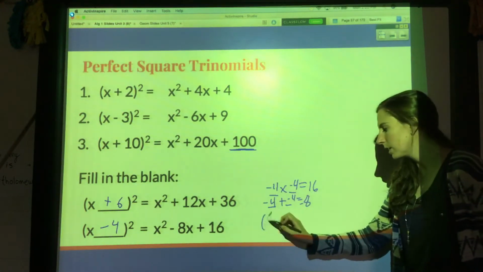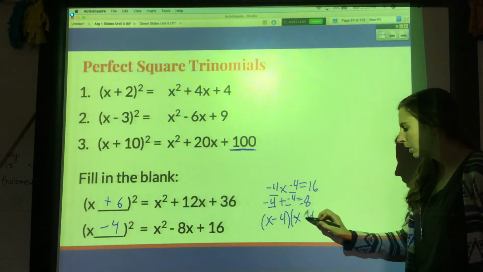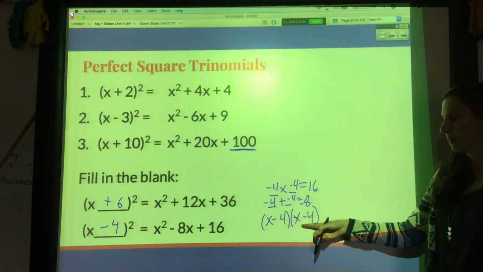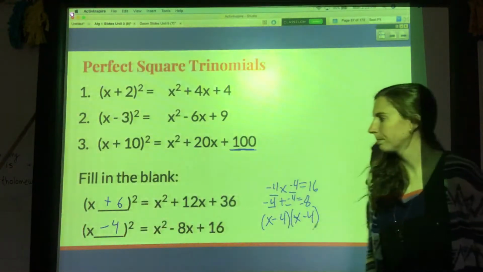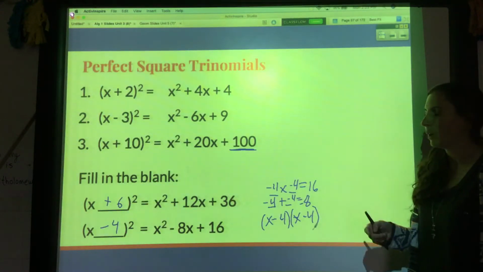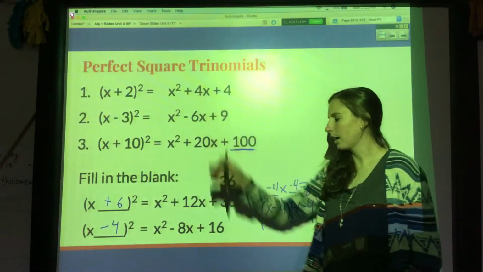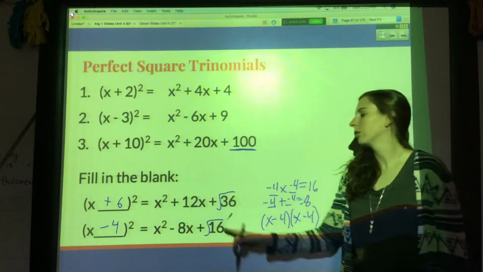So you would fill those into your factors, negative 4 and negative 4, which if I have two of them, that's the same thing as x minus 4 squared. So really, this is just a shortcut for factoring when you have a perfect square, as in square roots evenly, trinomial, 3 terms.